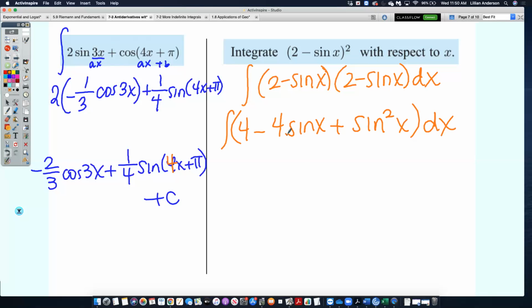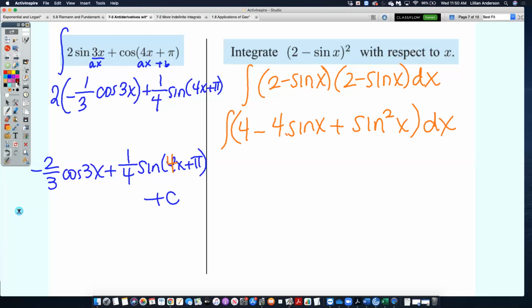I'm able to take the antiderivative of negative 4 sine x, but I'm still in a situation with the sine squared x. This is where I'm going to have a teachable moment here. Outside the identities that we've already talked about, sum and difference, double angle, half angle, there's actually a few other ones.